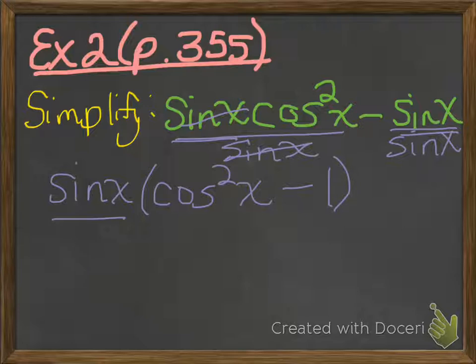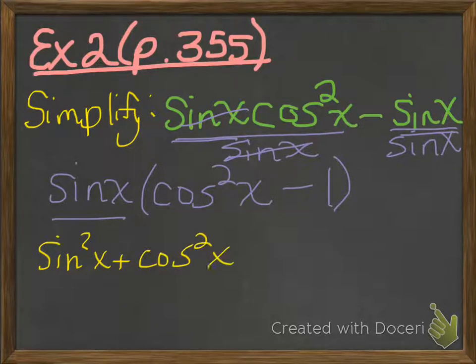And if you look on your identity sheet, there is an identity that has 1 and sine or cosine squared in it. It's sine squared x plus cosine squared x equals 1. Now this is close.